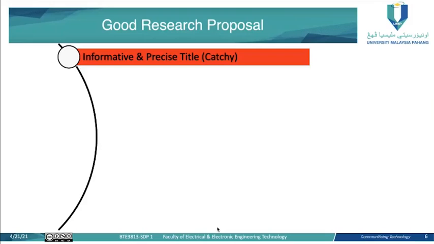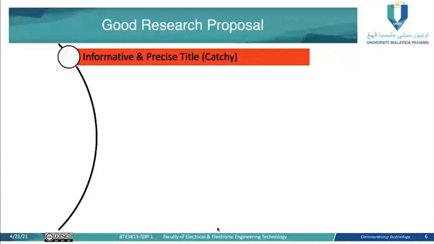But if your title is not attractive, not informative, or uses some confusing words, when people read it, they don't know what is inside this thesis or this proposal. So this will have a negative impact on your evaluation for your presentation or for your thesis later on.